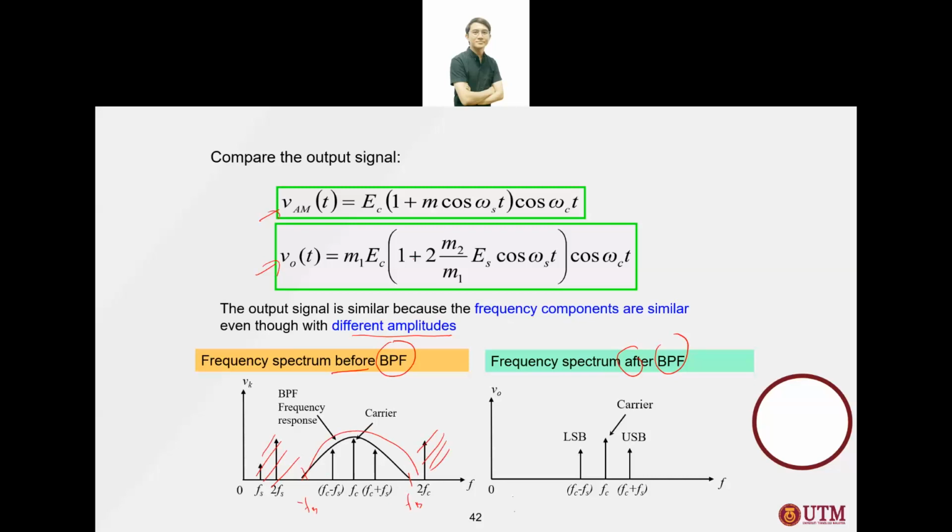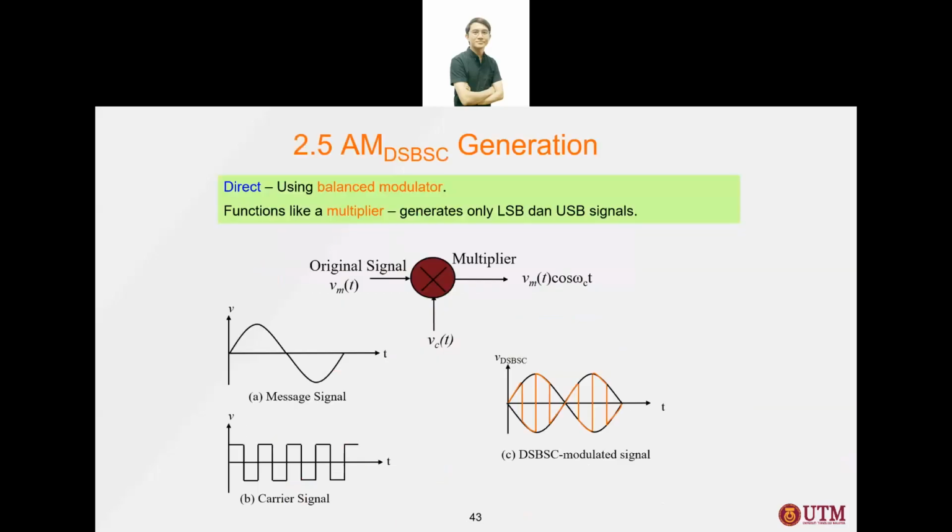FB is greater than FC plus FM, but lesser than 2FC, because it only covers the frequency that we want. Next part is actually the double sideband suppressed carrier.